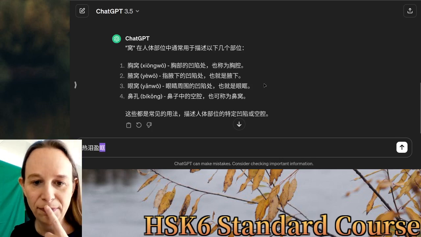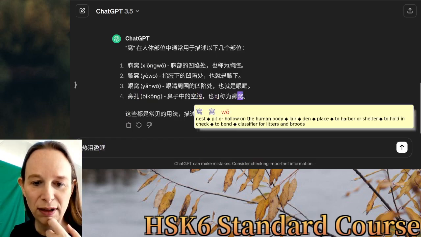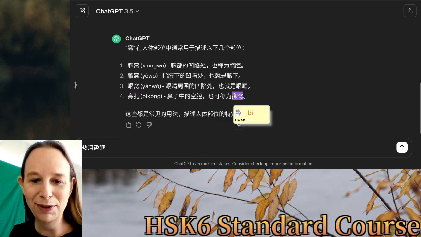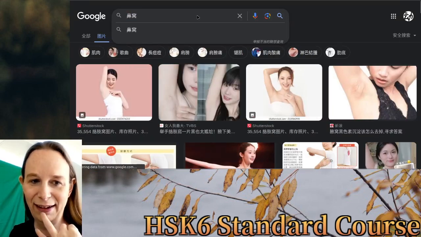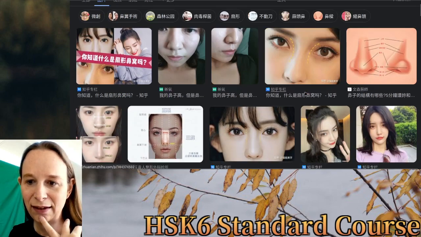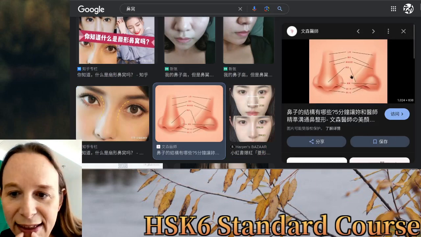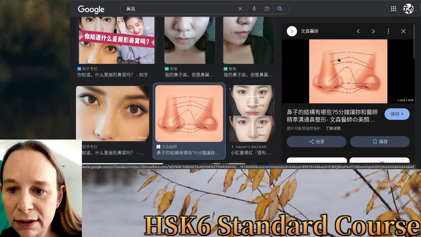This one. 鼻窝, nose cavity. 鼻孔, nostrils. I'm not convinced. People are saying 鼻窝. I can't see clearly.